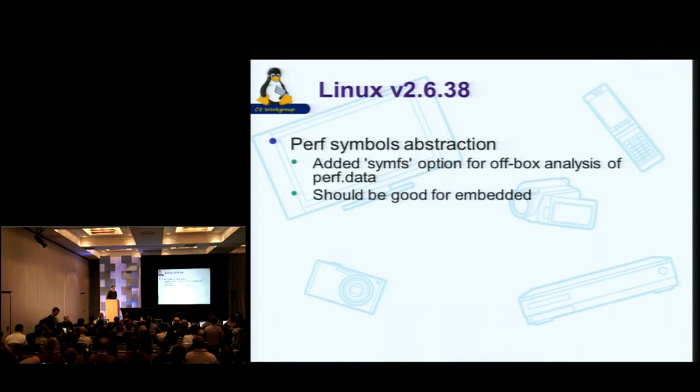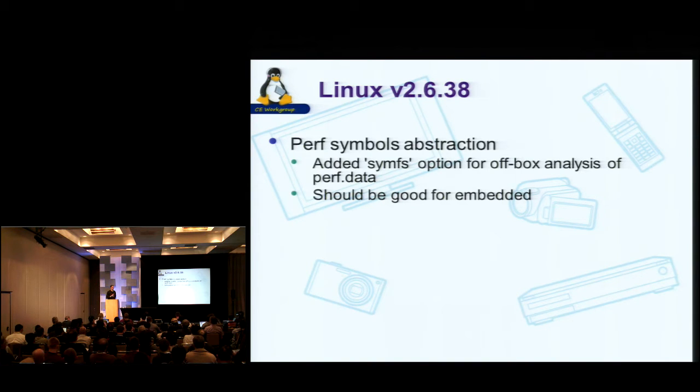In Linux version 2.6.38, one of the things that caught my eye was something called perf symbols abstraction. This allows you to add a SymFS option when you're creating your perf.data file. SymFS refers to a file system or a directory where you keep symbols related to your perf data.